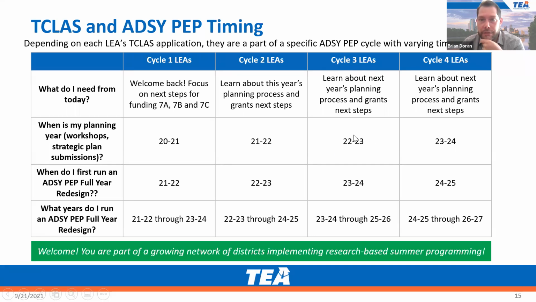So this is folks who will be planning in the 22-23 school year, and who will then run their first Adzy Pep full year redesign in 23-24. And then finally, cycle 4, I believe there's only one of you on this call. You would be looking at a 23-24 planning year and then implementing in 24-25.